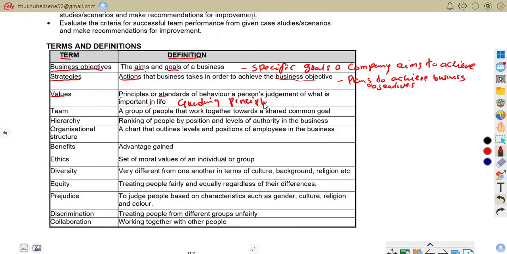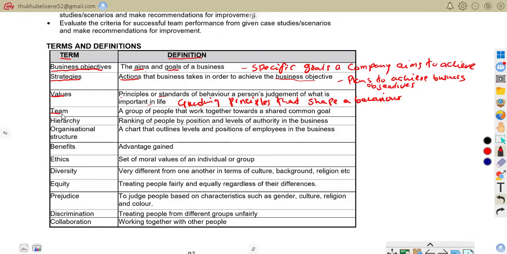For example, we're talking about integrity, respect, innovation. Such can be our examples.